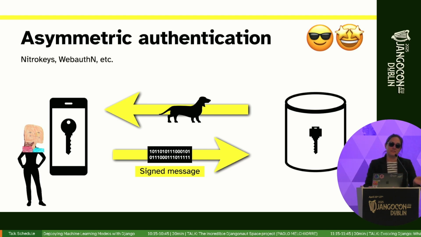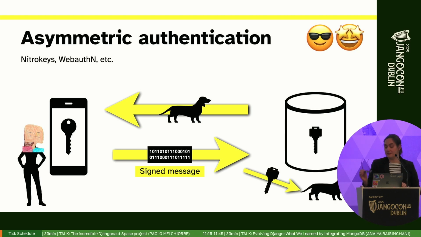So the server decrypts, and if it finds the dog photography, it's okay, the authentication works. So now you will think about sunglasses and dogs every time you use your YubiKey, and this is my goal in life.